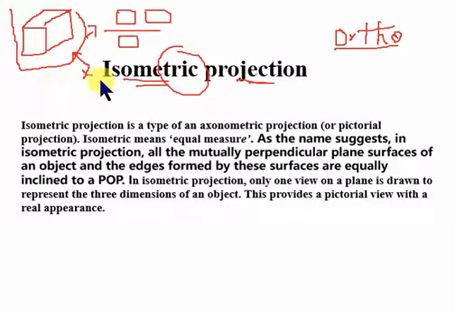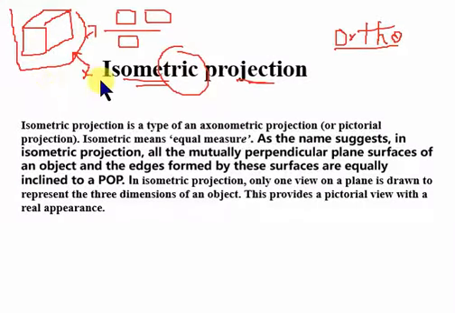Now the same axes can also be represented like this, as F, H, G and C. As these are the axes of this particular cube, we call them isometric axes. So what are isometric axes?